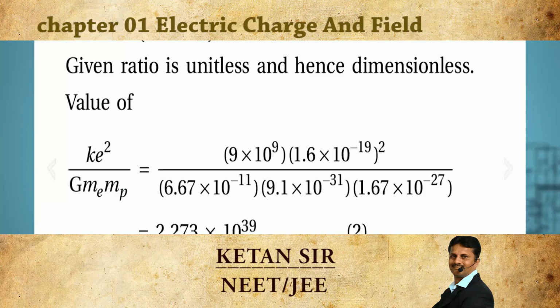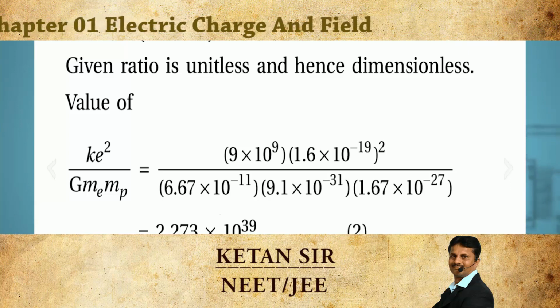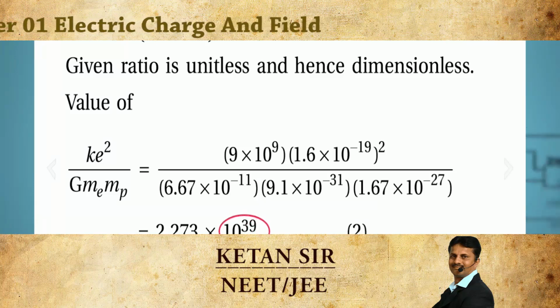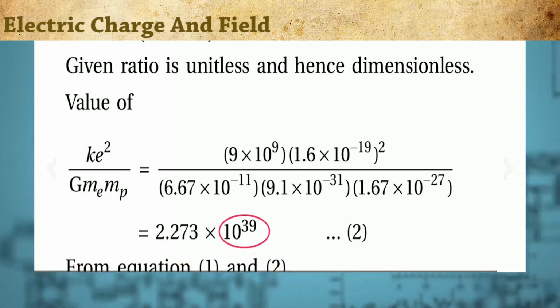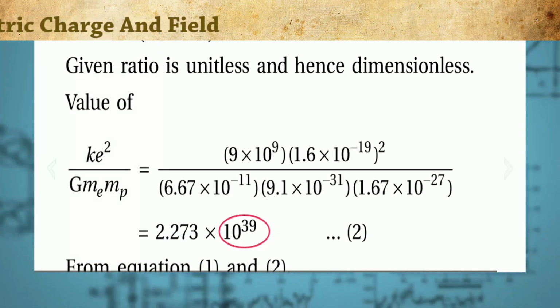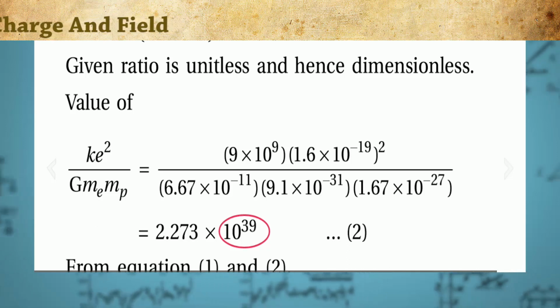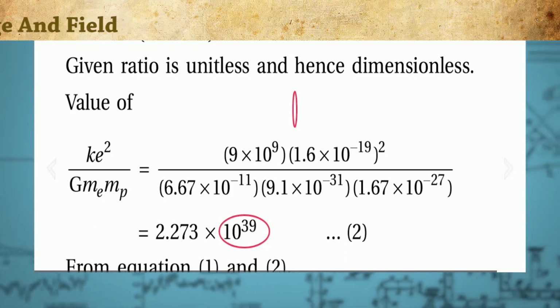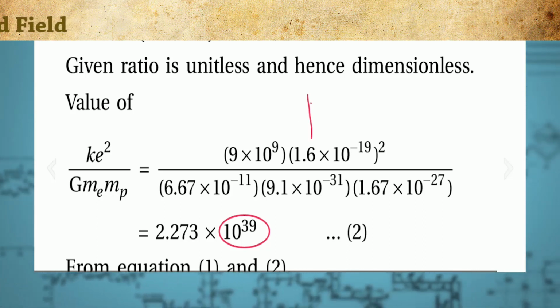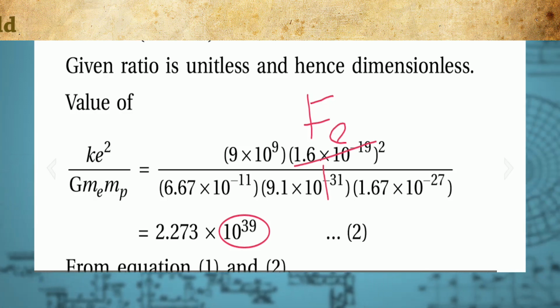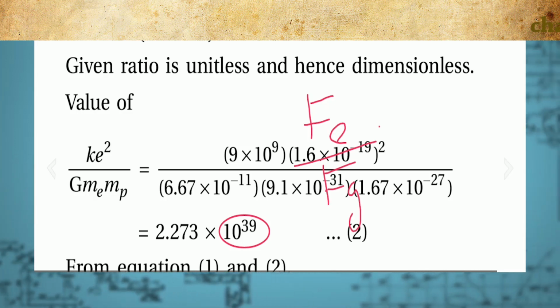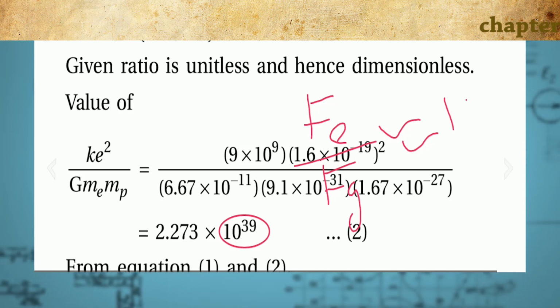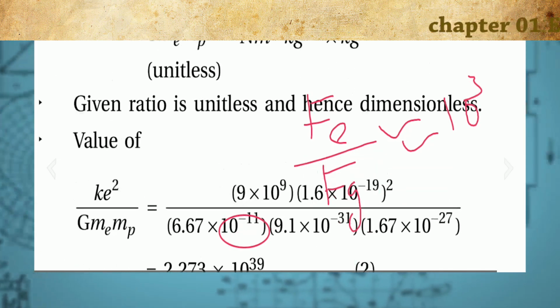Remember the approximate value, 10 raised to 39. That means Fe by Fg has an answer nearly equal to 10 raised to 39.